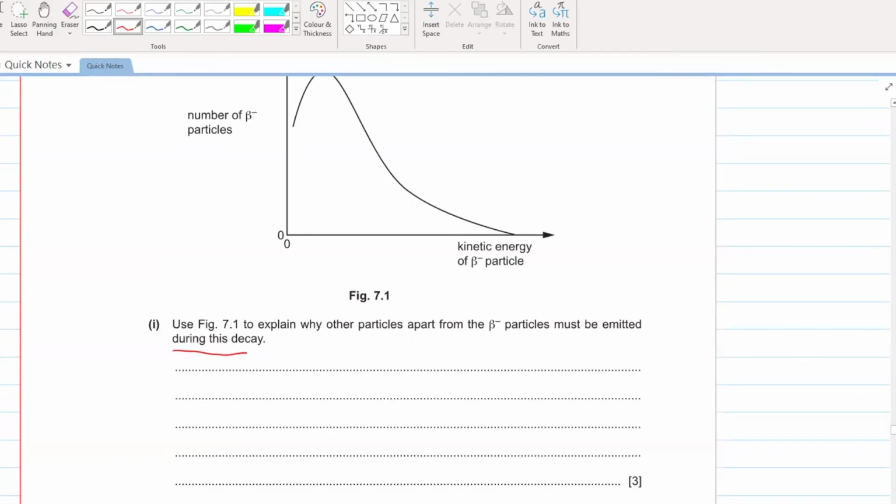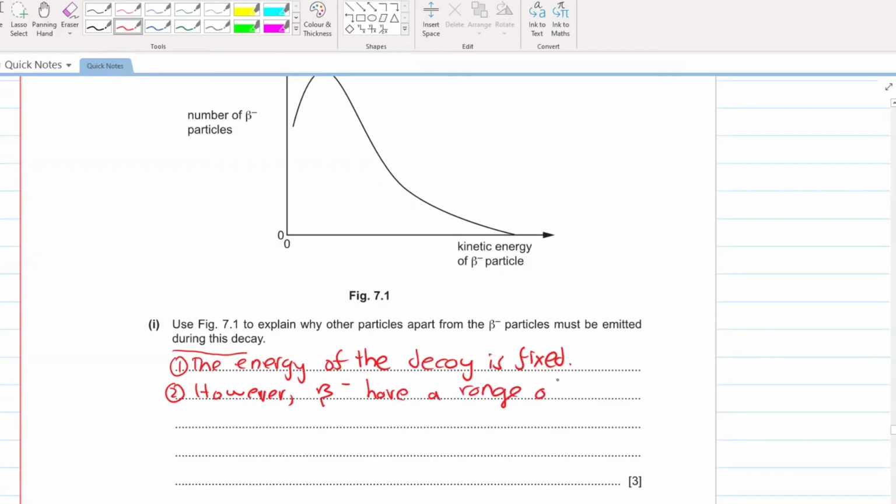So how will you write it? The energy of the decay is fixed. However, beta negative particles have a range of kinetic energies.